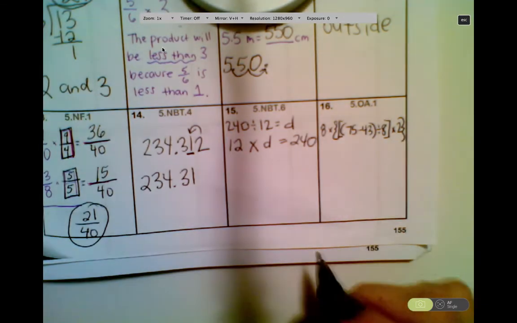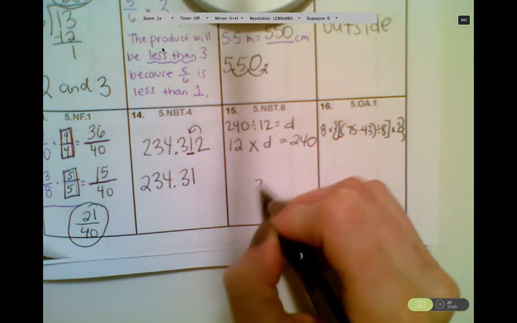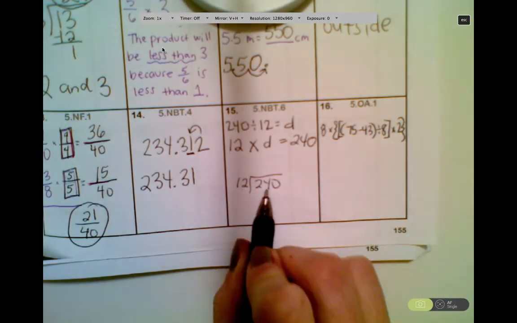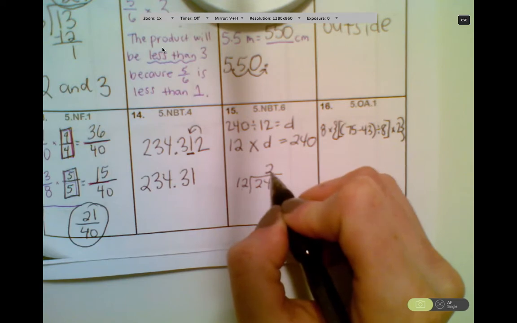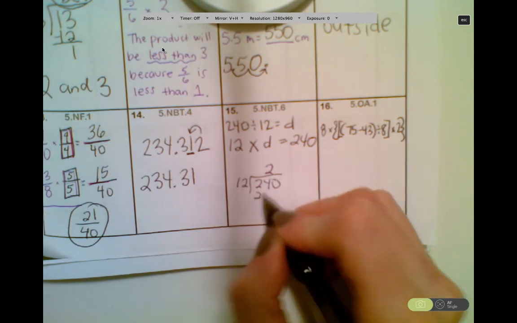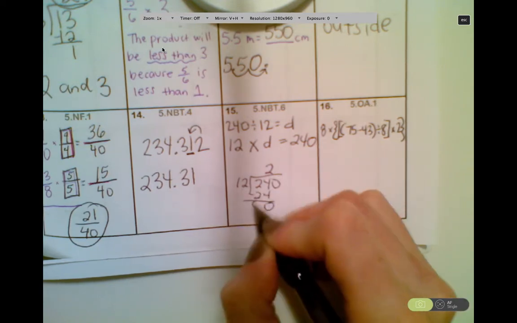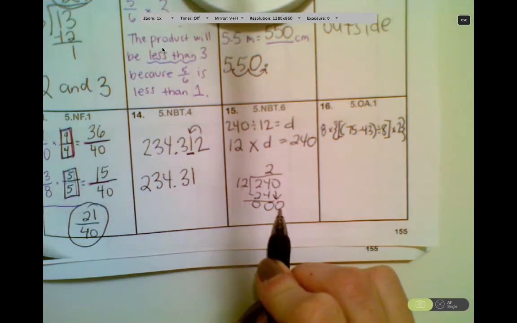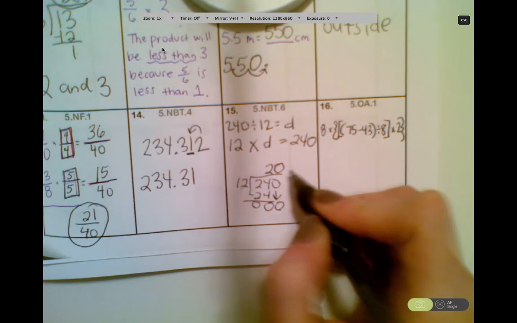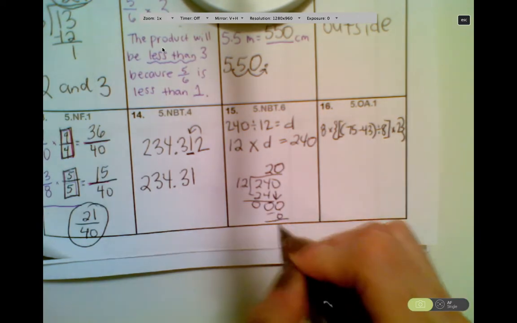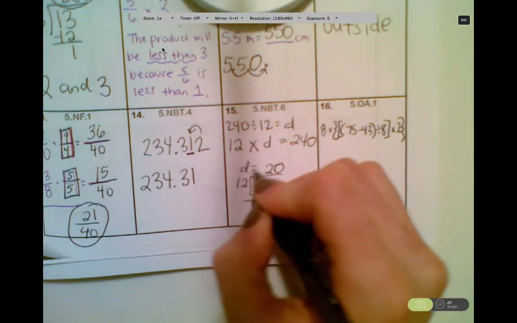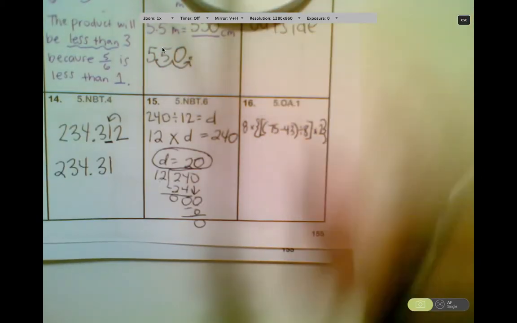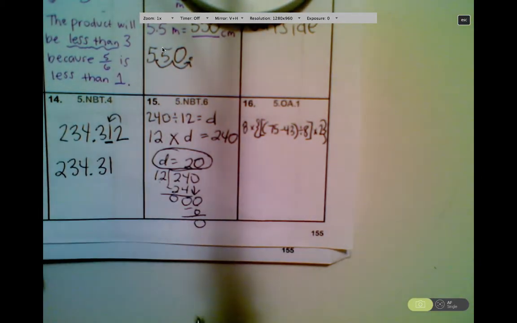Now let's solve for D. 240 divided by 12. 12 goes into 24 2 times. 2 times 12 is 24. Bring down my 0. 12 goes into 0 0 times, and 0 times 12 is 0. So D equals 20.